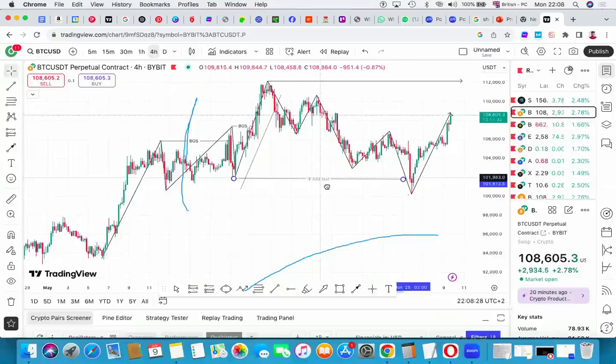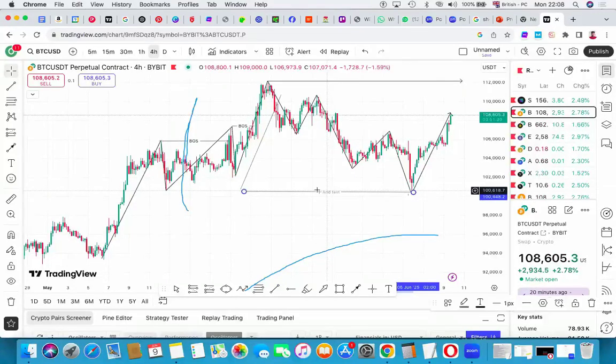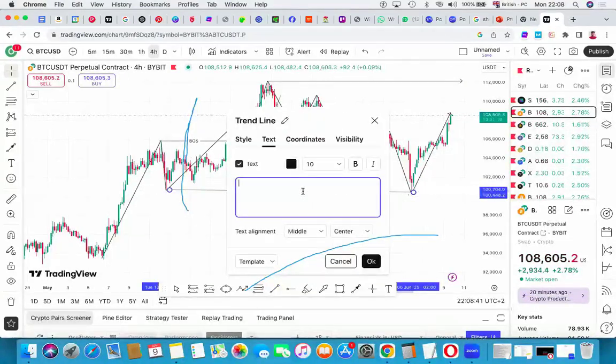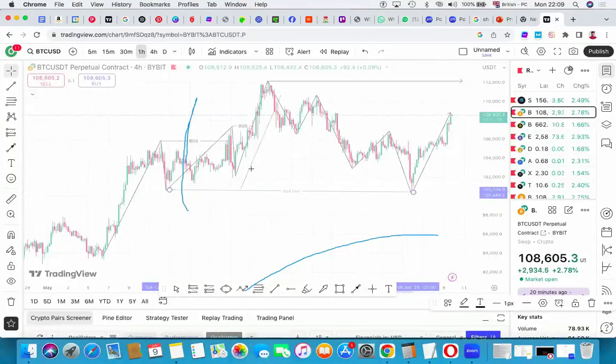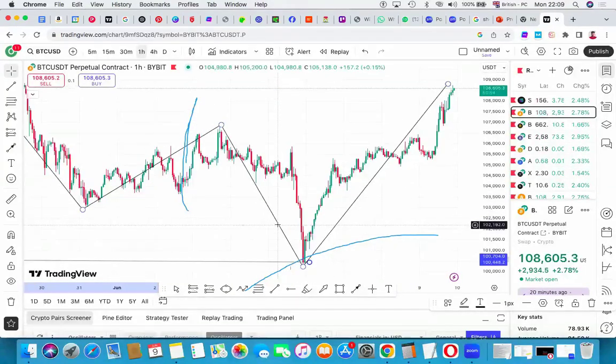So ideally, you can see there's a break in this structure. So we have our CHoCH here in a higher time frame, right? And this is a 4 hour time frame, right? But then if we still go to the lower time frame, we'll still see multiple areas in which we can actually spot a real change in character.